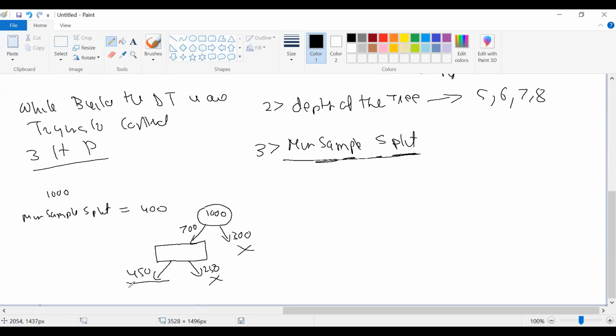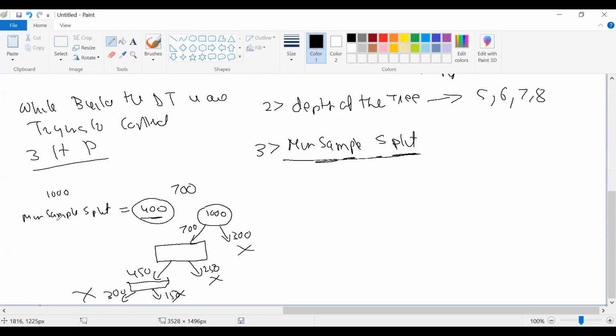Let me say this 450 is split into two parts, let me say 300 and 150. Now this tree will entirely stop. Do you notice that minimum sample split can control the depth of your tree? Suppose instead of minimum sample split as 400, if you have given 700, then tree एक ही बार branch होता और रुक जाता.